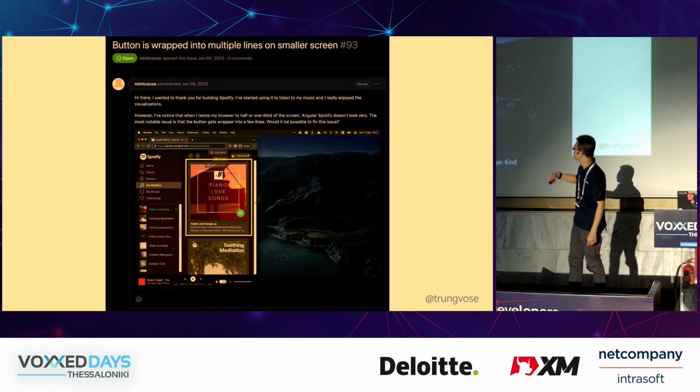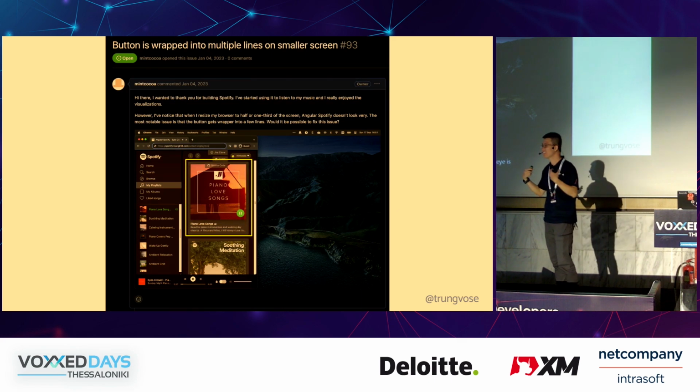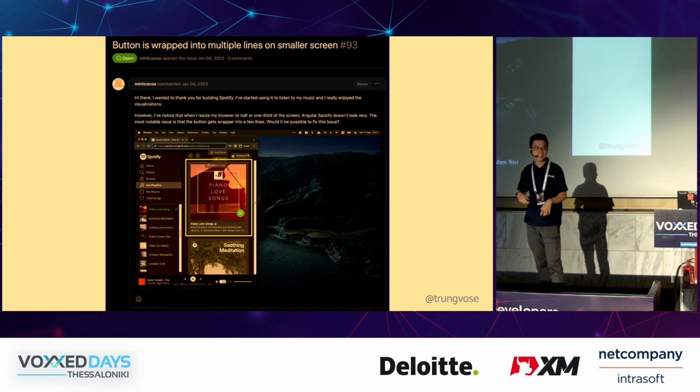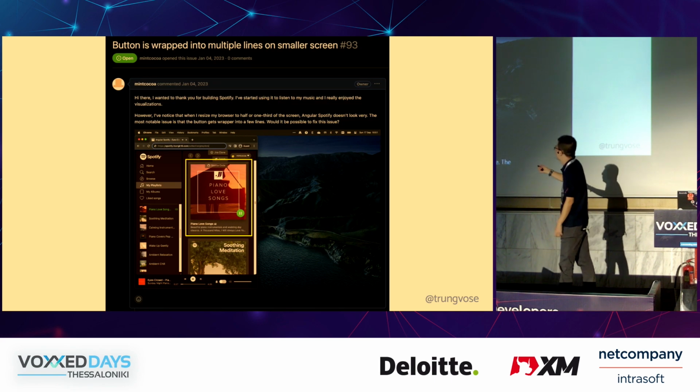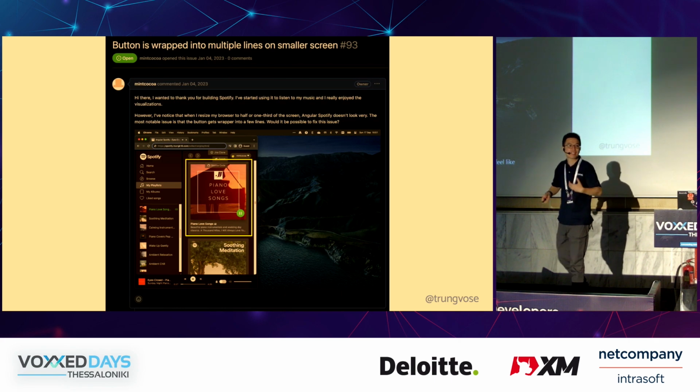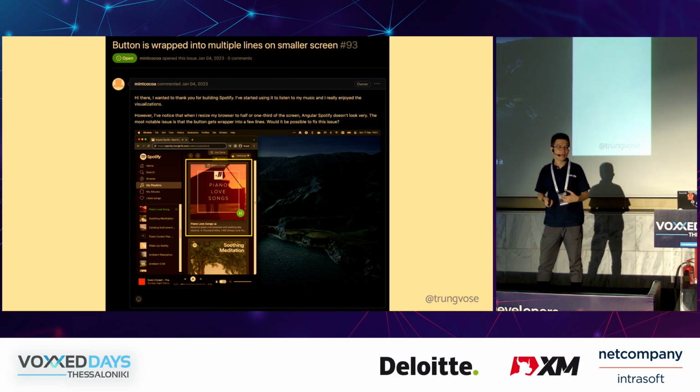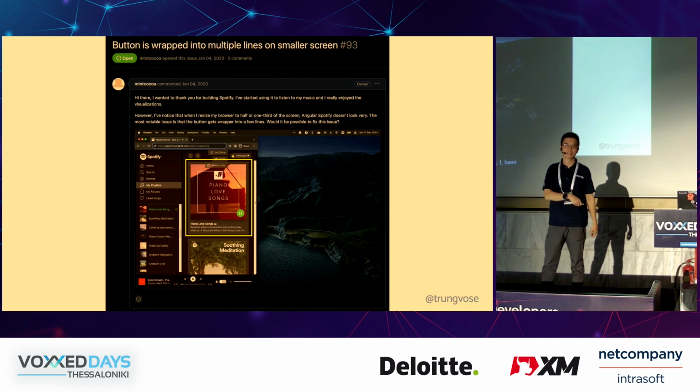What caught my eye is, as you can see here, when you are at a smaller size, the card is so big. You can only fit like one card, 1.5. And it doesn't really make sense for the mobile user, or someone who prefers to have the music player at half of the screen, or a third of the screen. You never know, there are people who are using it.